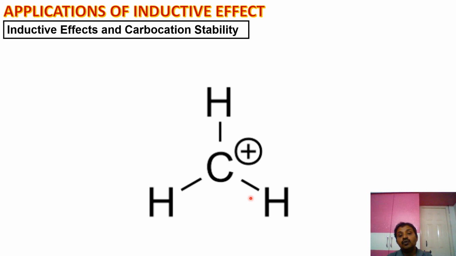In order to complete its octet, it is highly reactive. The positively charged carbocation, because it has 6 electrons, is a highly reactive species which is formed in between the reaction mechanism.